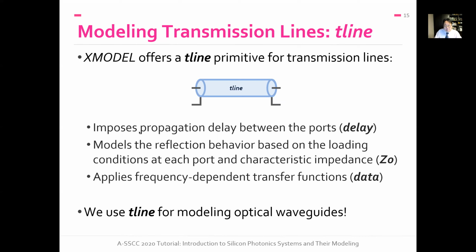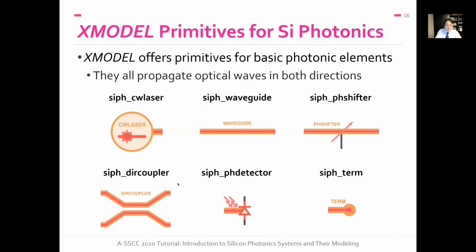For instance, it can model a propagation delay between the ports, and depending on the difference in the characteristic impedance at these endpoints, it can reflect waves. And as the wave propagates through the transmission line, this primitive can model frequency-dependent losses through the transfer function notation. So we'll see that XMODEL will use this T-line for modeling various optical waveguides and their derivatives.